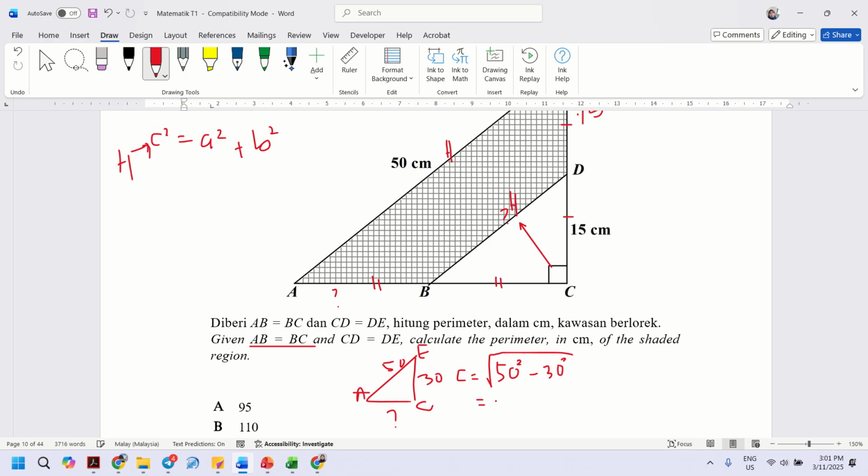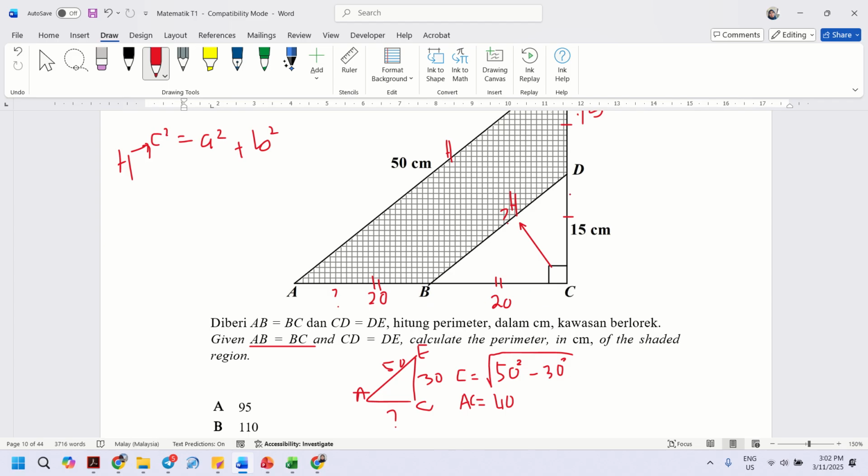So you have 40 for AC. If AC is 40, what is the length of BC? It is 20. Why 20? Because they are equal in length.